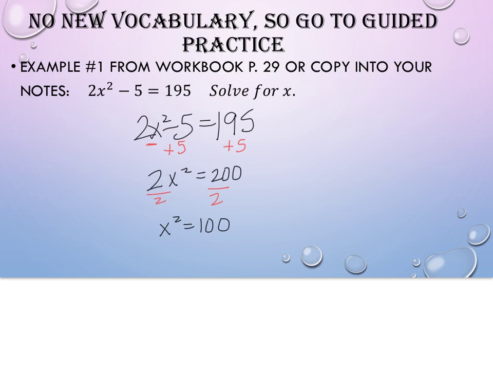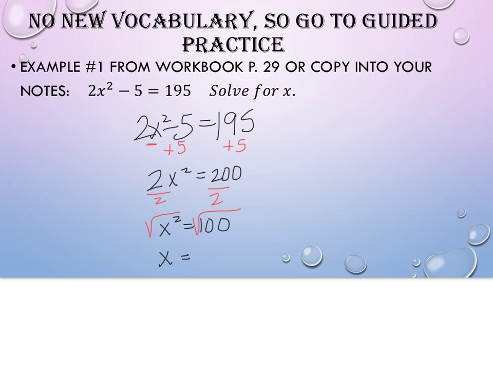Then you remember, I hope, to get rid of the square, you square root both sides. And the square root will cancel each other out, and the only thing left on this side is the x, because the square and the square root cancel each other.